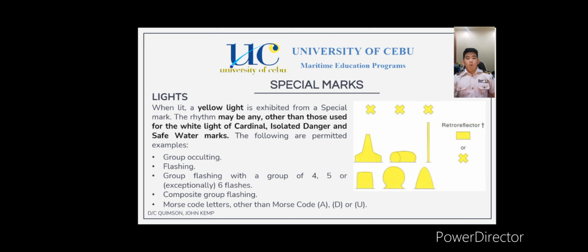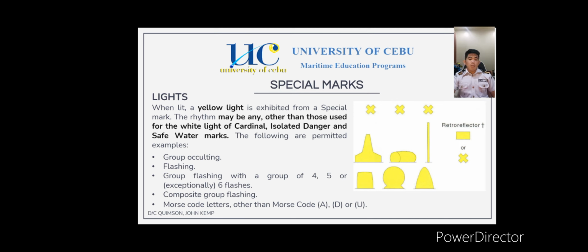Special marks. When lit, a yellow light is exhibited from a special mark; the rhythm may be any other than those used for the white light of cardinal, isolated danger and safe water marks. The following are permitted examples. First, group occulting. Second, flashing. Third, group flashing with a group of 4, 5, or exceptionally 6 flashes. Fourth, composite group flashing.